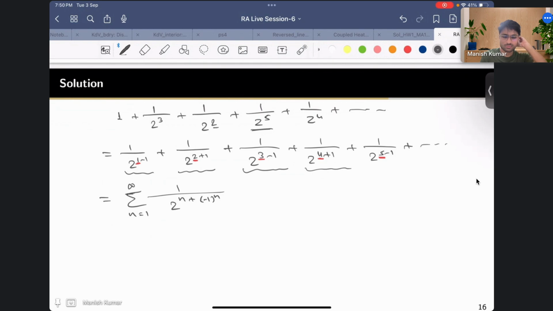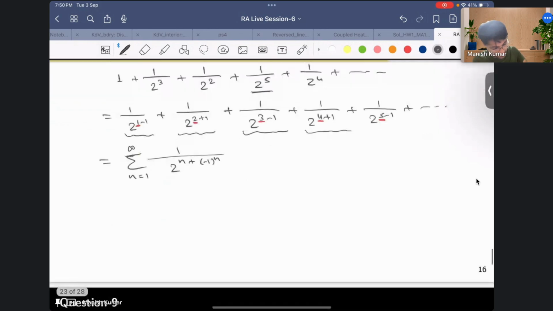Any idea? No? So see, over here you have some power of n, right? In that scenario, what do you use? Here your an is 1 by 2 raised to the power n plus minus 1 raised to the power n.